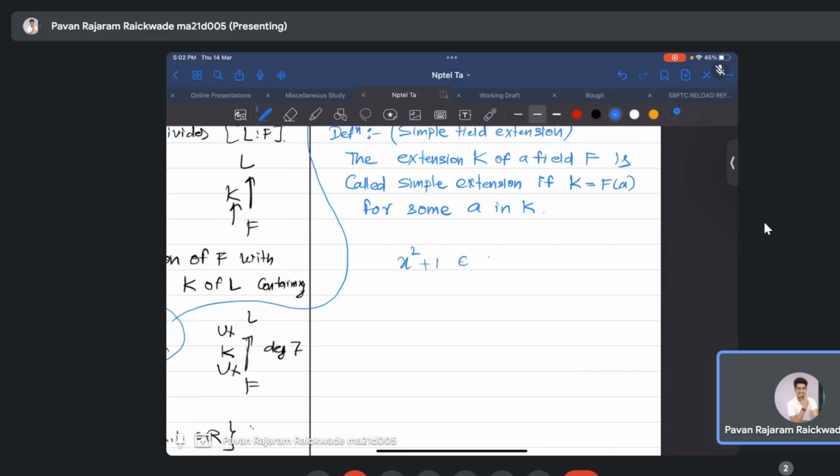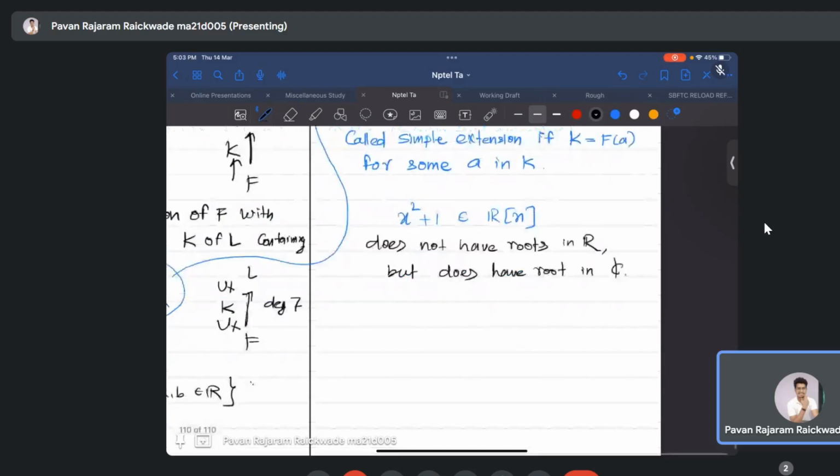This is a polynomial in R[x], which does not have roots, but does have roots in C, which are i and minus i. So something about this we observe and we want to extend it further for any general field. What is it called? Algebraic element.